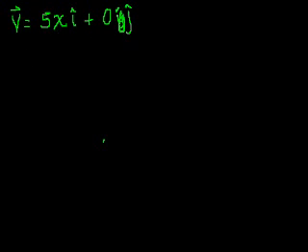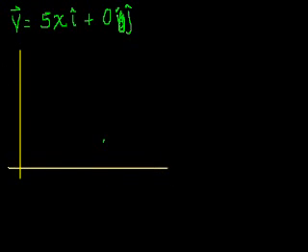So what would that look like? I don't need a computer to draw this. I can handle this one myself, I think. So if that's the y-axis, that's my x-axis. I'll just sample some points and draw some vectors. When x is equal to 1, what's the magnitude of this vector?